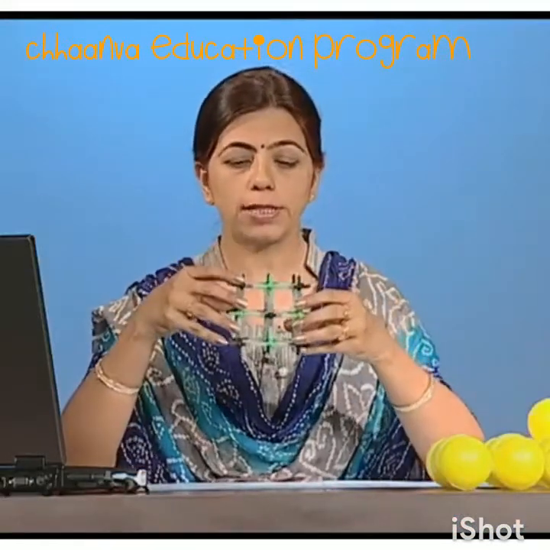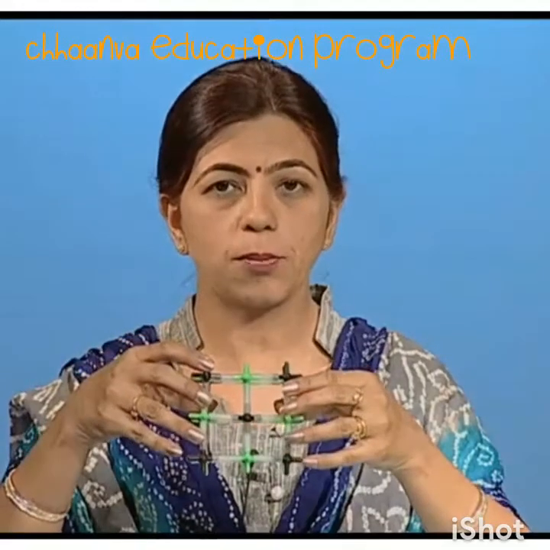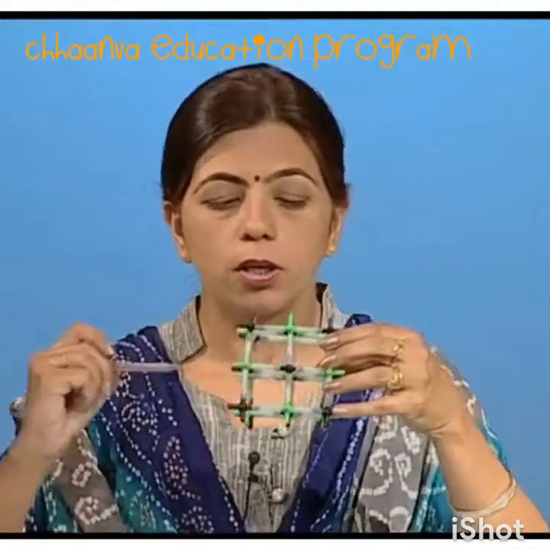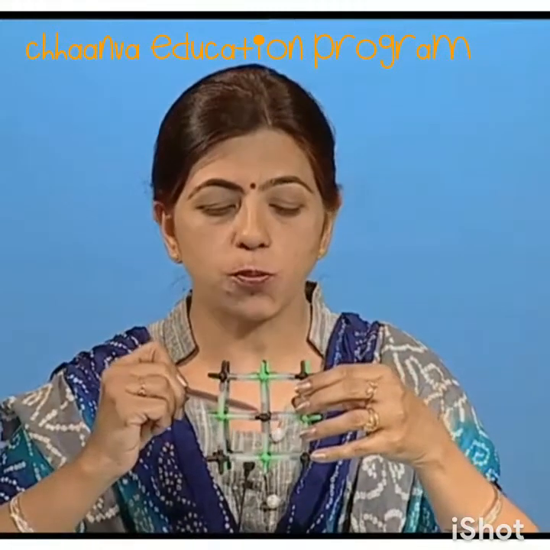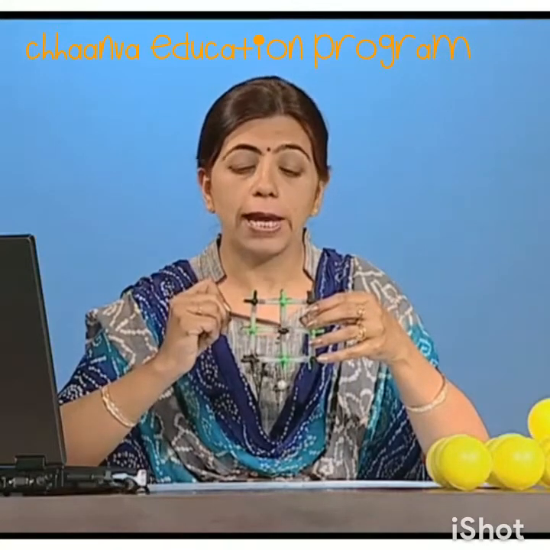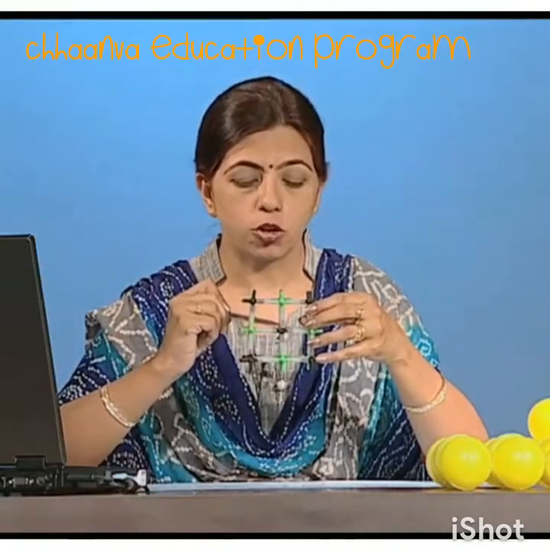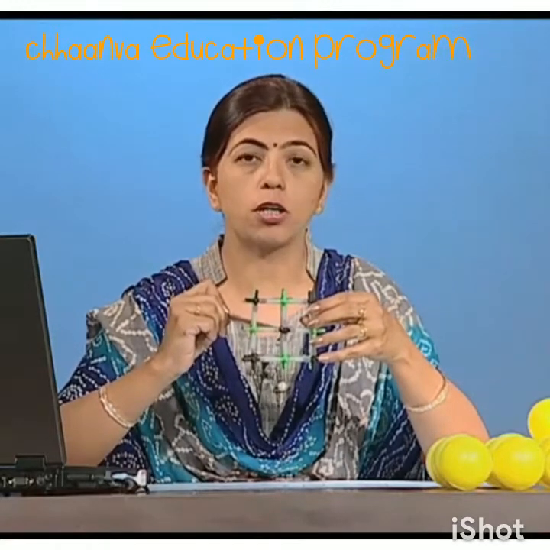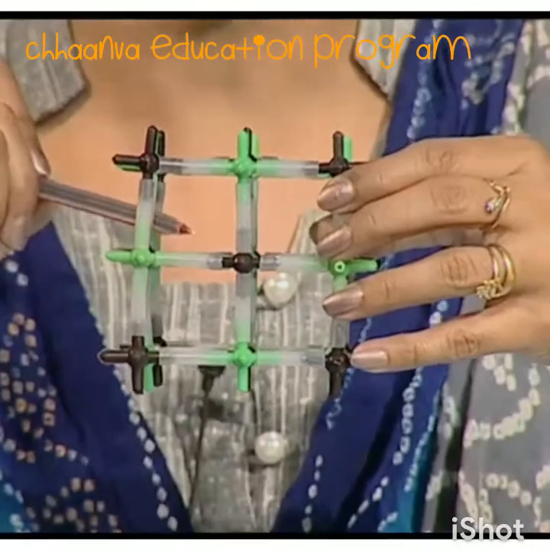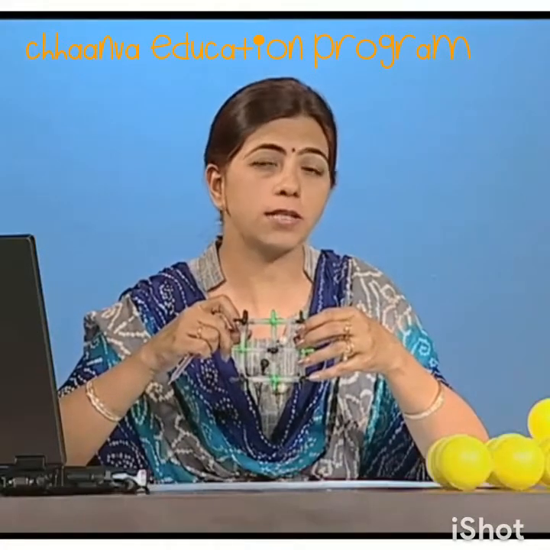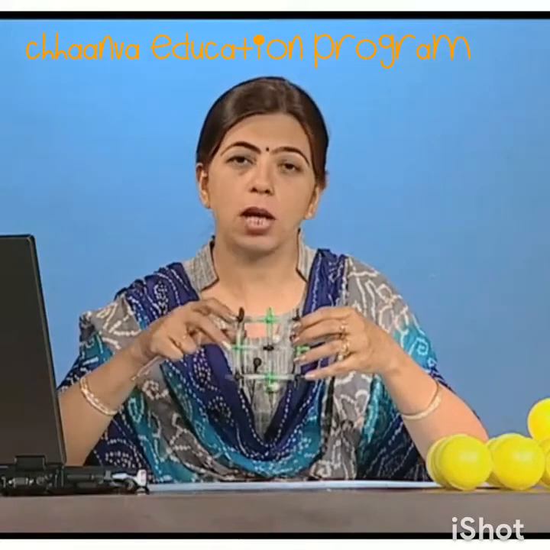Now here you can see that this is the 3-dimensional crystal lattice, and you see this atom, I am just pointing it out. This atom is shared by 8 unit cells. So, this atom when shared by 8 unit cells, the contribution of the corner is 1/8. We must know all these things to calculate the number of the atoms per unit cell.